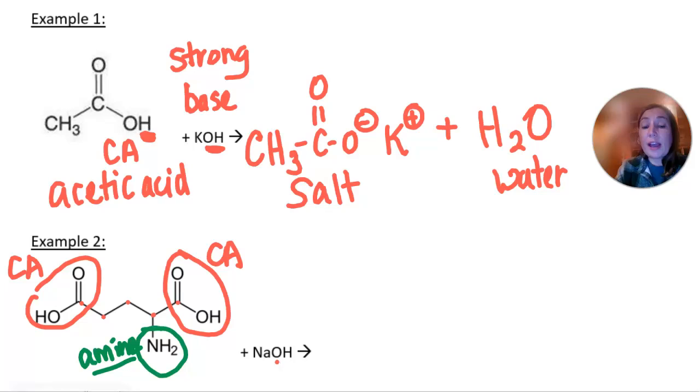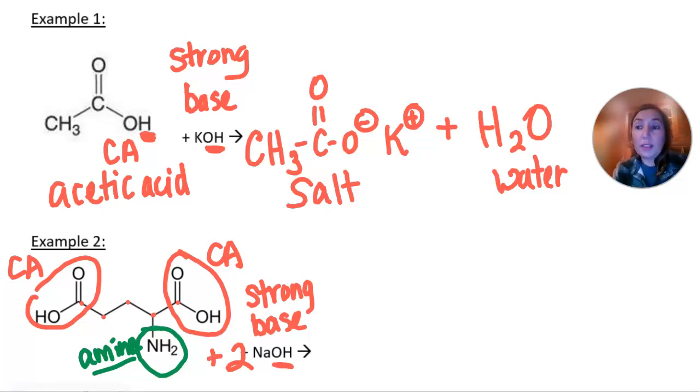Now we're going to react that with sodium hydroxide, our strong base. Since we have two carboxylic acids, we'll actually need two equivalents of our strong base if we were keeping this balanced, because it can react with both sides of the molecule.